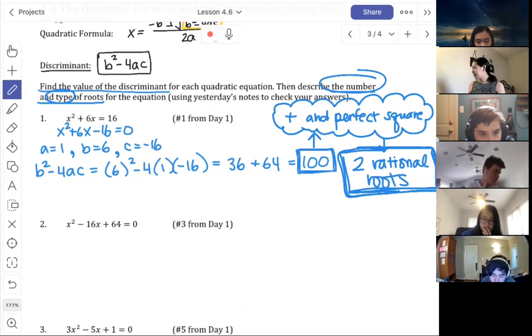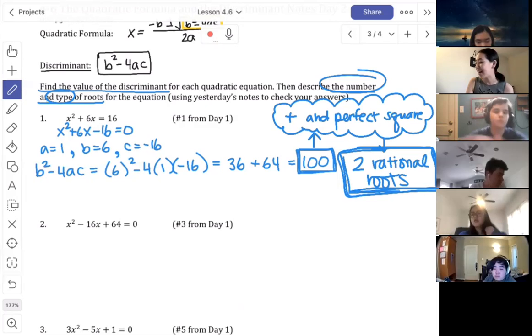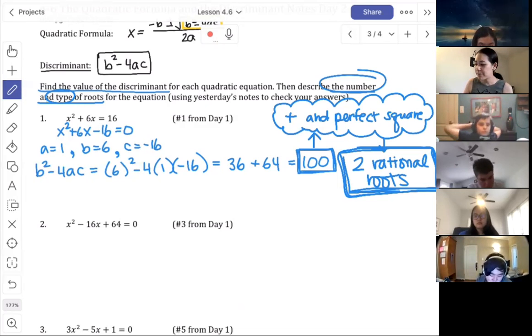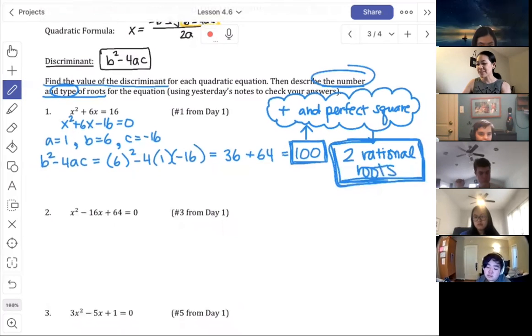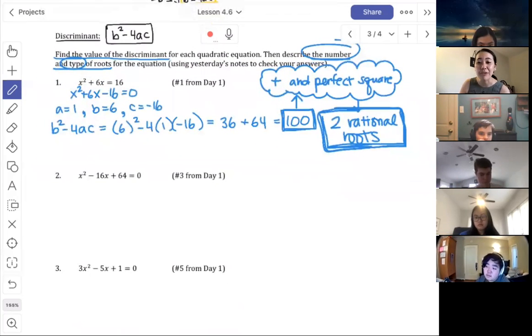Awesome. Thank you. Oh, that actually might be a typo. I think it was 2 and negative 8. My bad. So it's 2 and negative 8. Okay, so when you have a discriminant that is positive and a perfect square, you get those 2 rational roots. So this is almost kind of like a shortcut. If you just want to know what type of roots, you can just look at the discriminant.